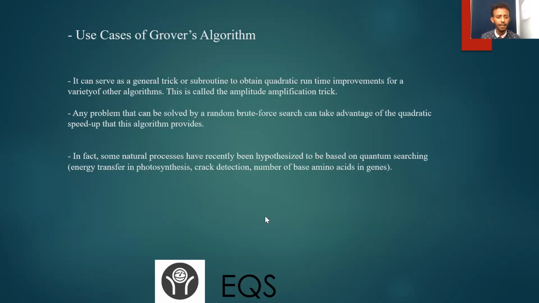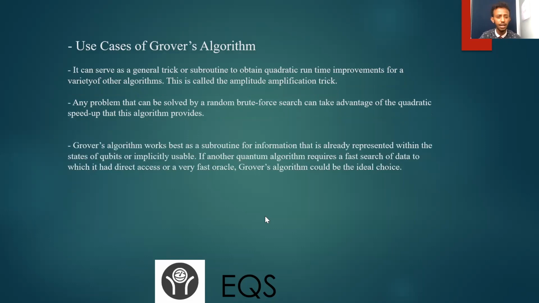And I read, even though I'm just a beginner in the field, that any problem which could be solved by random brute force search can take advantage of the quadratic speedup that's provided by the algorithm.